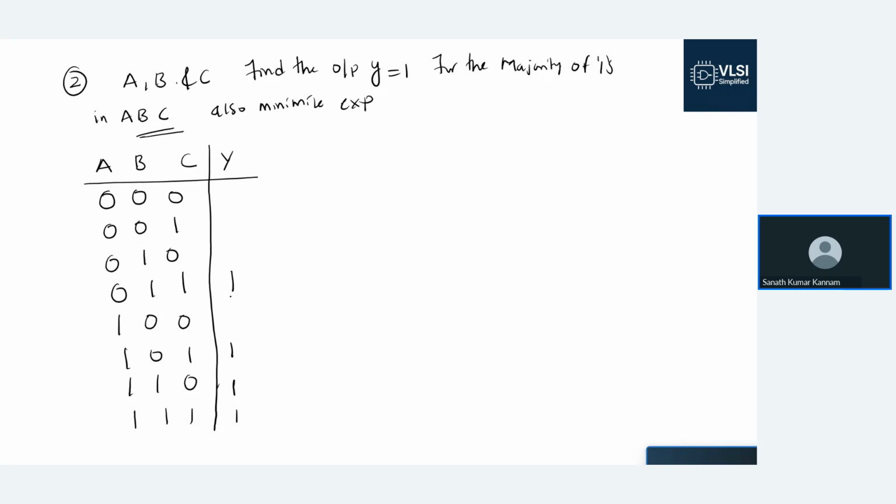So at least two ones are 1, the output is 1. Only one 1 means the output is 0.